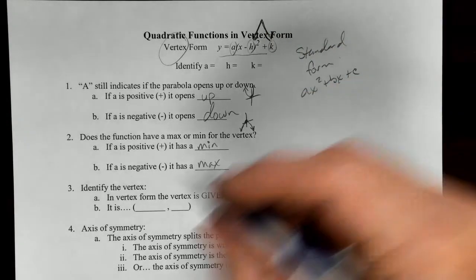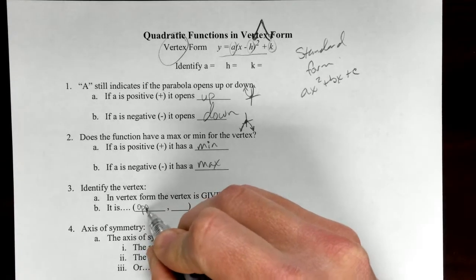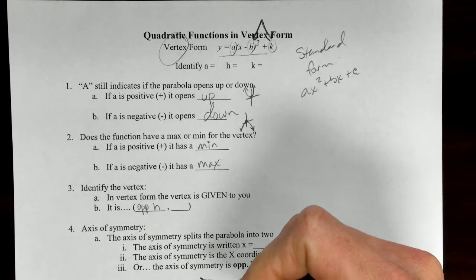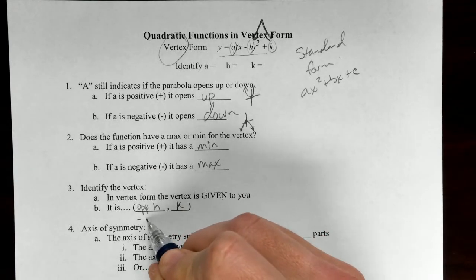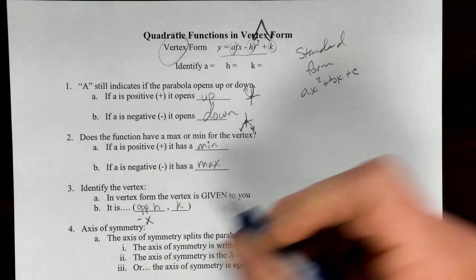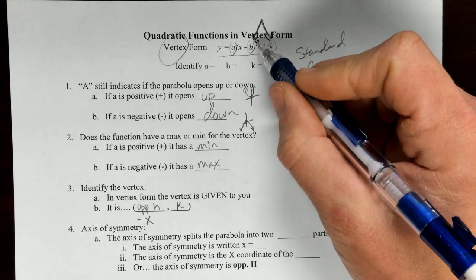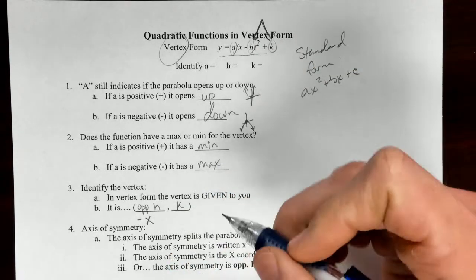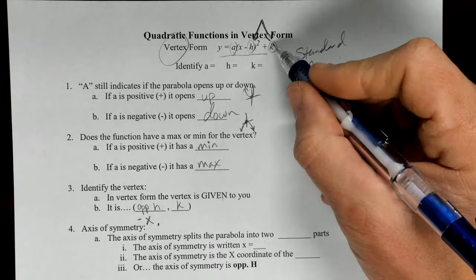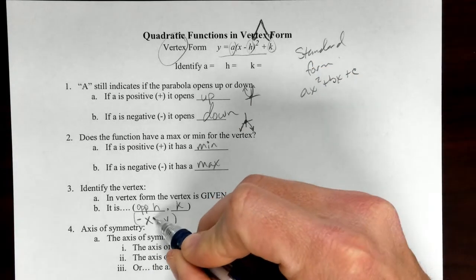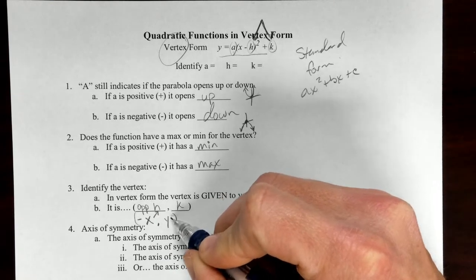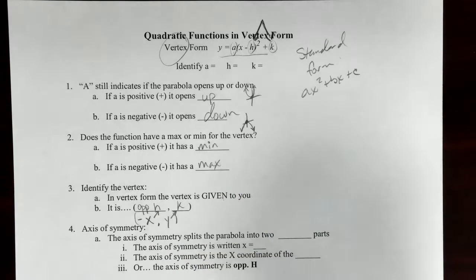Okay, and now it is opposite h and then k. So what I mean by that is it is the negative of the x term, the h term, to get the x value of my vertex, and then the k term is the y value of my vertex. So h corresponds with x and k corresponds with y.